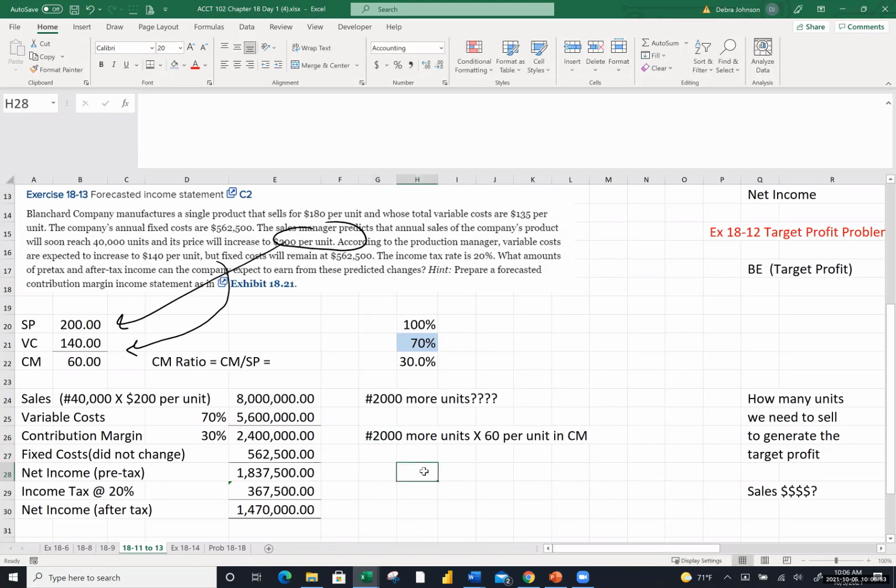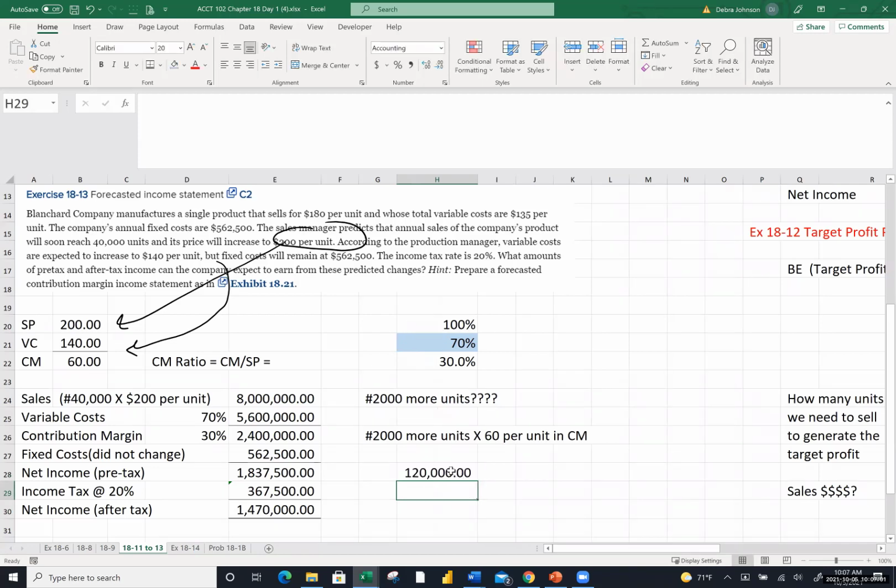So without doing an income statement, just on my calculator, 2,000 times 60, my net income will increase by 120,000. How do I know that? 2,000 more units times $60 per unit is going to go right to the bottom line because the fixed costs are covered. My net income will increase by 120,000.